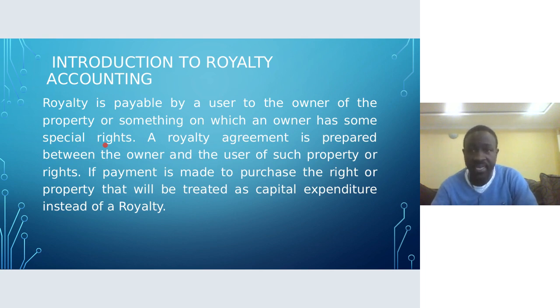We will look at the types of royalties after looking at the terms that we will be using. A royalty agreement is prepared between the owner and the user of such property or rights.